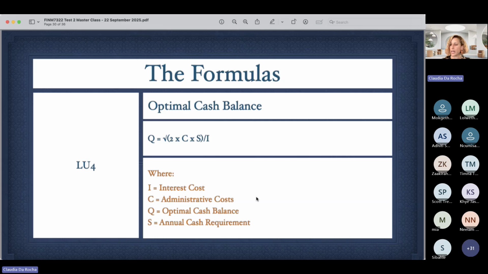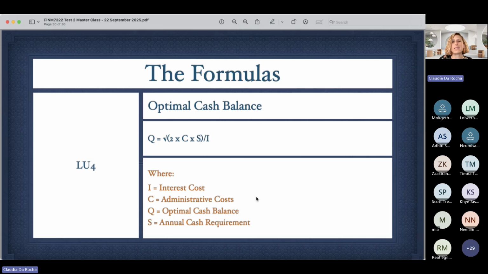But the other way that we can look at accounts receivables is comparing two types of policies. So I will do a question on that. There isn't per se a formula for that. There's more a method to follow, right? So with accounts receivable, we look at the accounts receivable days, or we will look at change in credit terms.